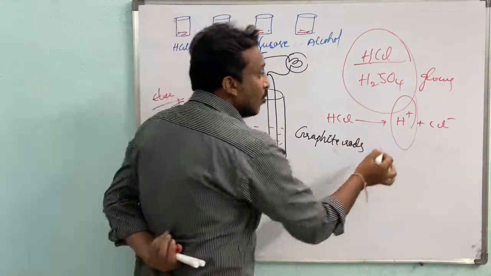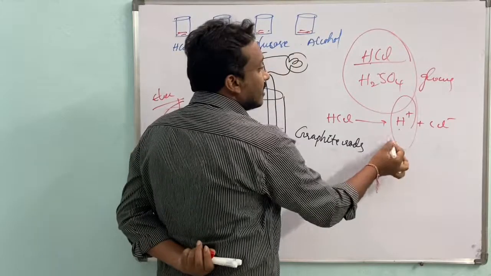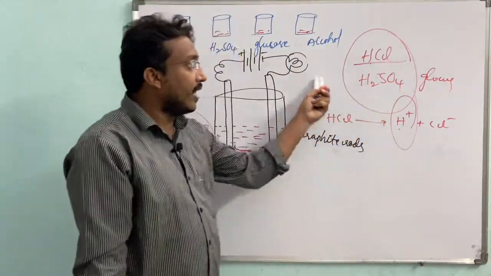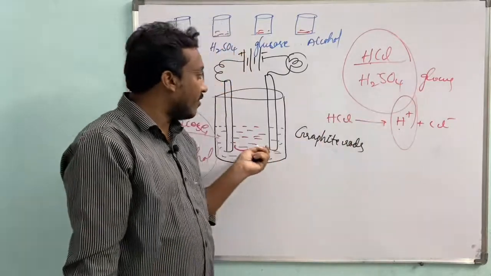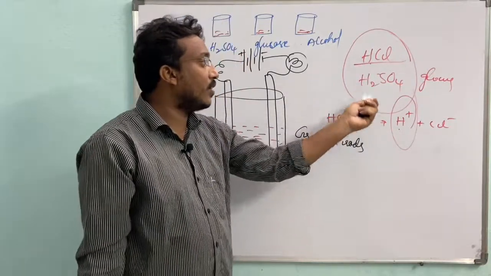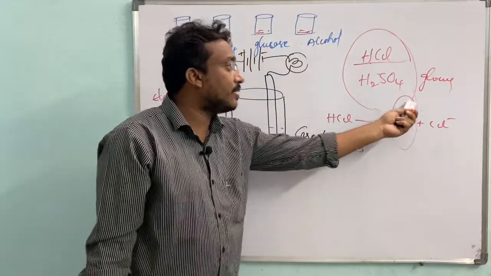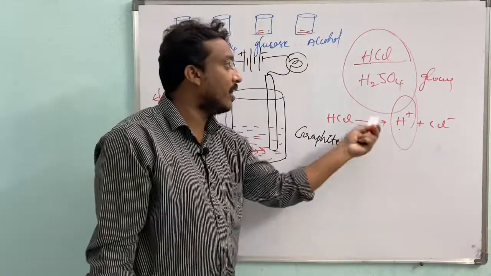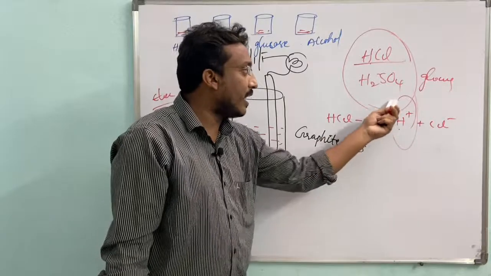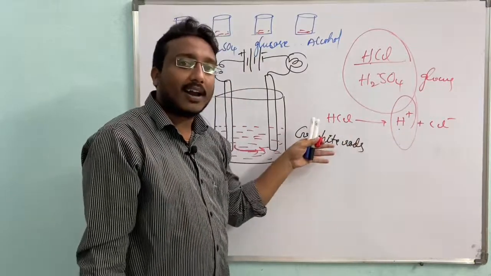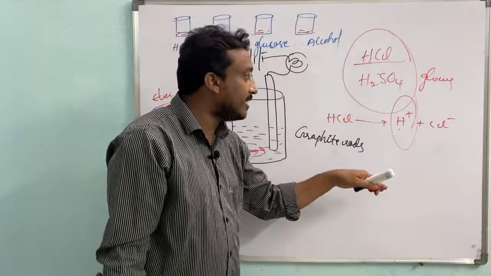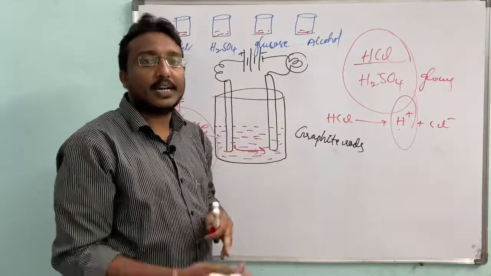That means the movement of the ions causes the flow of electricity. Why is the electricity flowing when we have taken HCl and H2SO4? In such cases, H plus ions are liberated. H plus ions are dissociated, and the flowing H plus ions cause the electricity to flow in the solution.